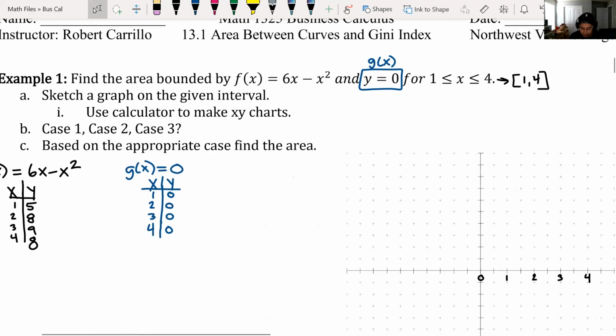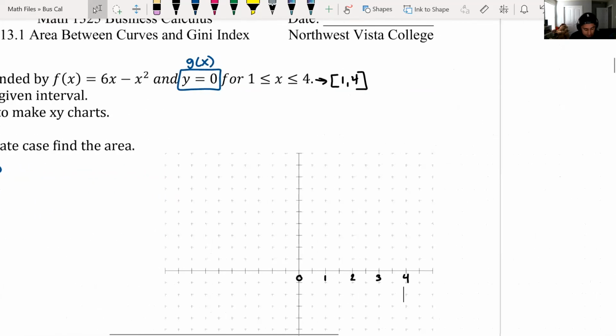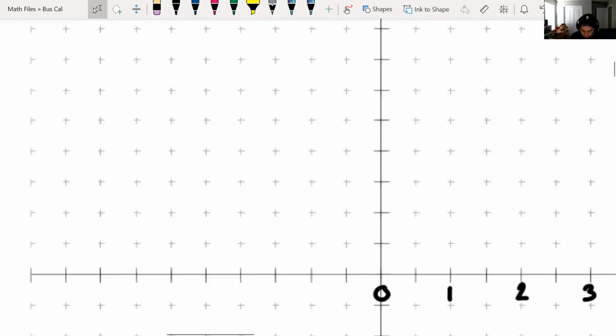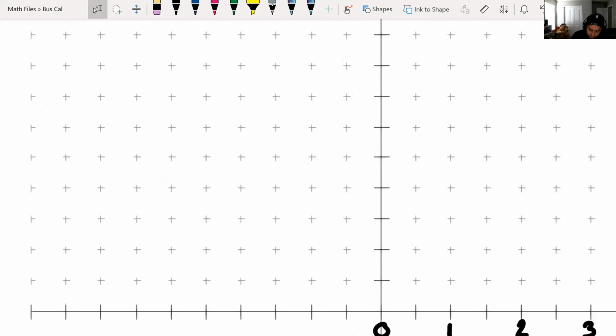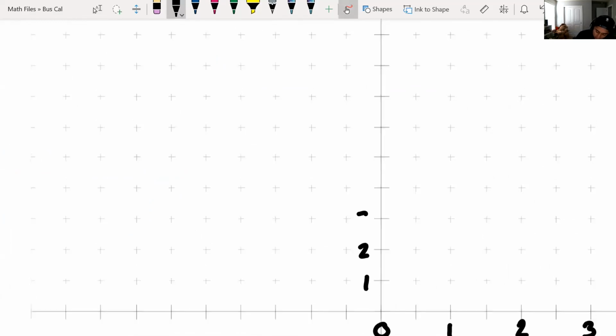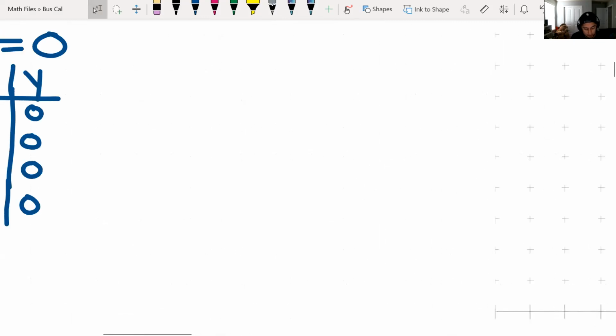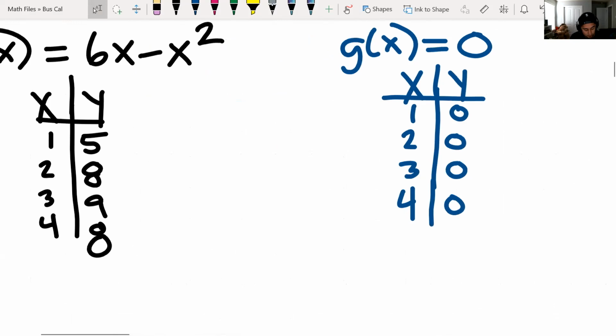So my y values here can stay exactly the same, 5, 8, 9, 8. So if I were to label this, that's 1, 2, 3, 4, 5, 6, 7, 8, 9. There we go.